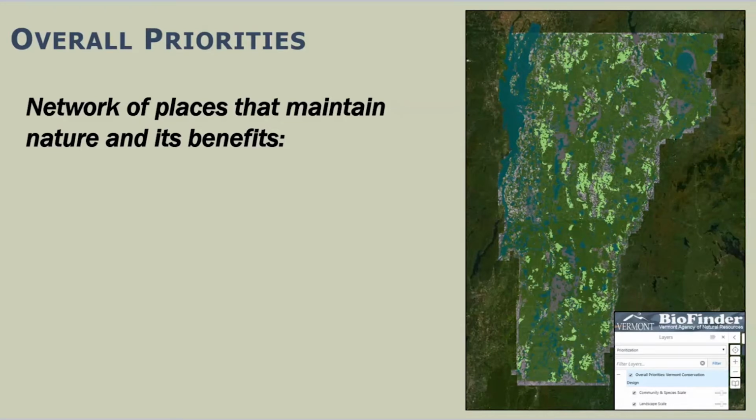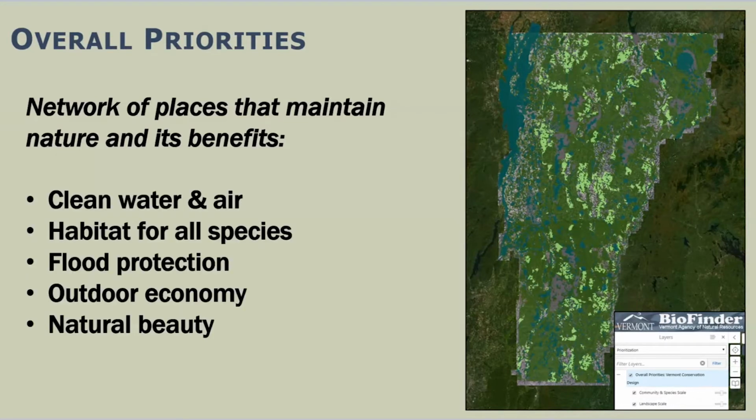These are the places that maintain nature and its benefits, providing clean air and water, habitat for our species, but these are also the lands that are important for our communities by protecting against excess flooding, and they fuel our outdoor economy, and of course they are beautiful, which is one thing that draws a lot of us to Vermont.